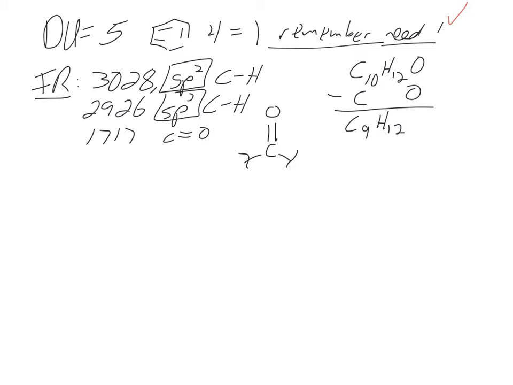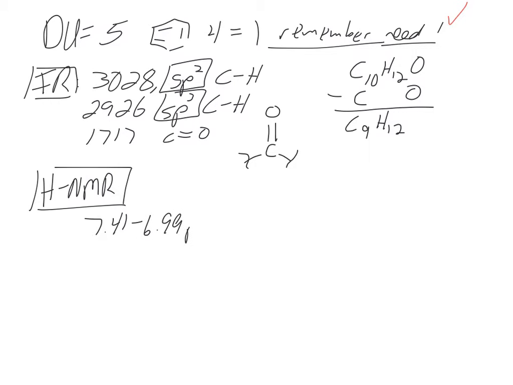Now let's look at the HNMR. It says we have a range from 7.41 to 6.99 ppm, and that is worth 5 hydrogens, and it's a multiplet, an M. So I'm going to call this A. Now multiplets mean it's too messy, maybe things didn't get resolved.